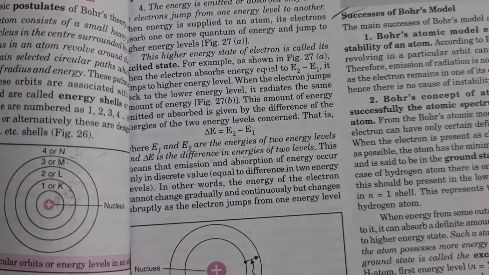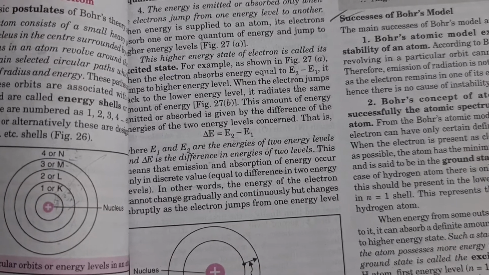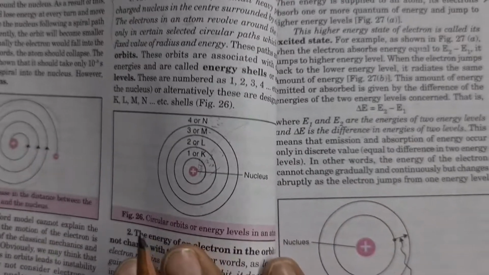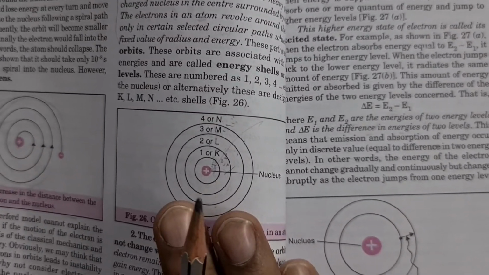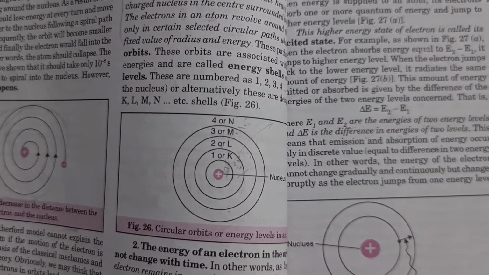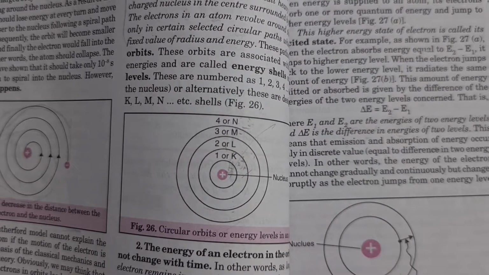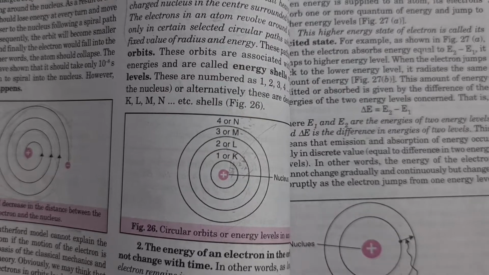So this was the Bohr model of atom, and it was accepted for a very long time because it had minimum drawbacks. Let me revise all the postulates. The first one: the atom consists of a nucleus in the center, and it contains a number of shells in which electrons revolve.